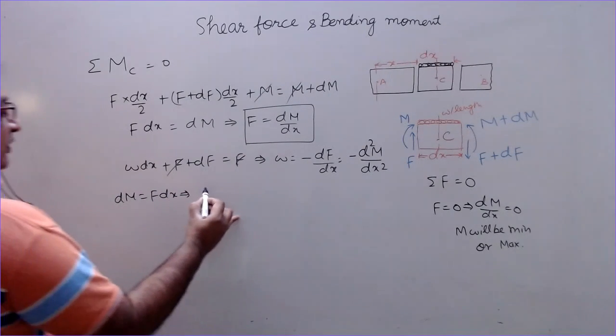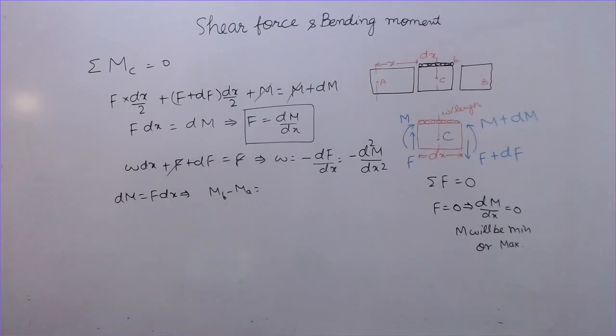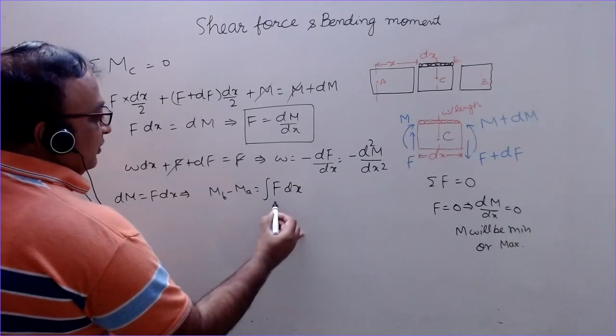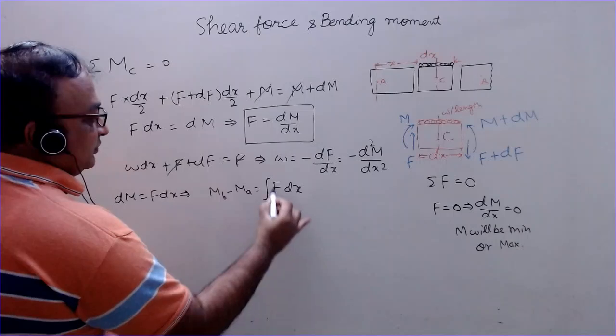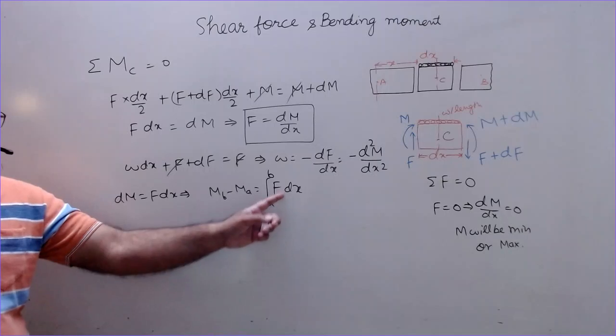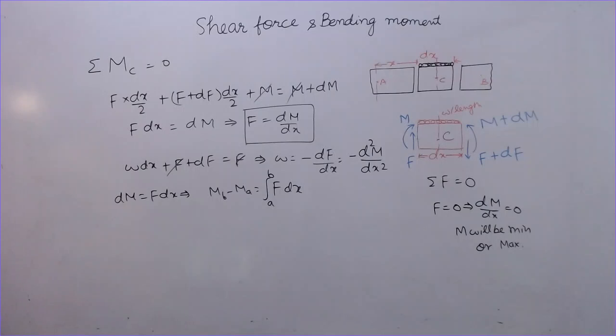This gives MB minus MA, the change in bending moment, and this you have to find from the bending moment diagram between any two points A to B, that is given by the area under the shear force diagram from A to B. So the area under the shear force diagram between two points gives us the change in the bending moment between these two points. This is one relation.